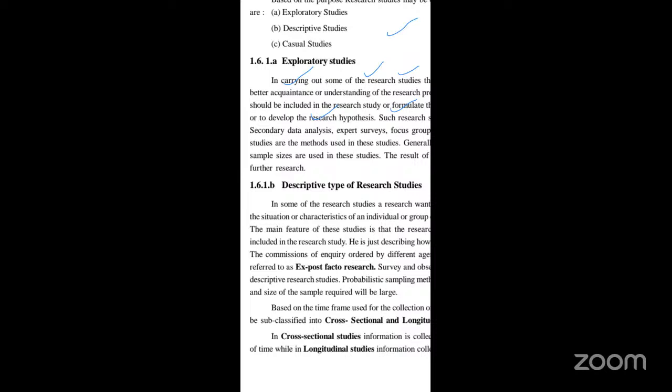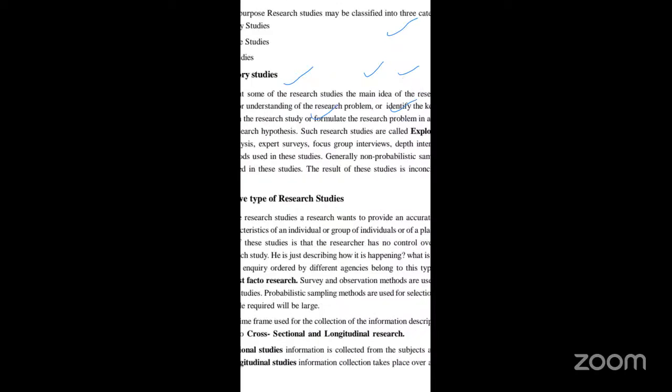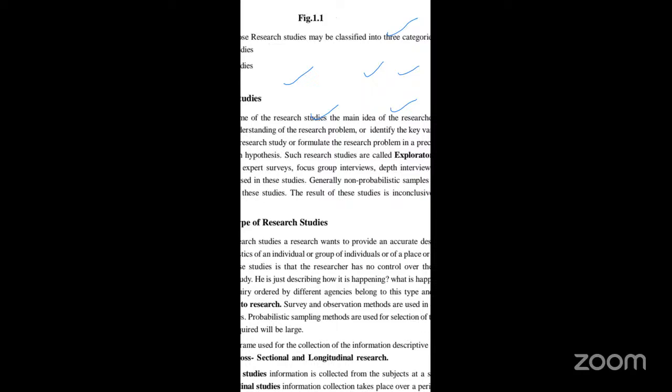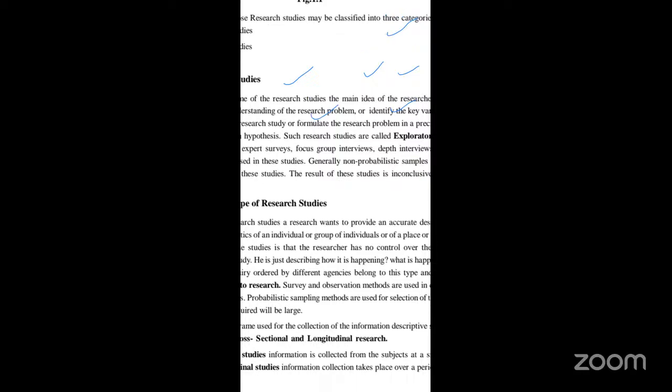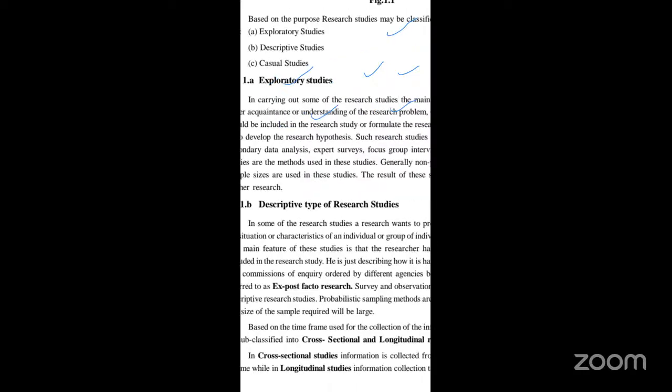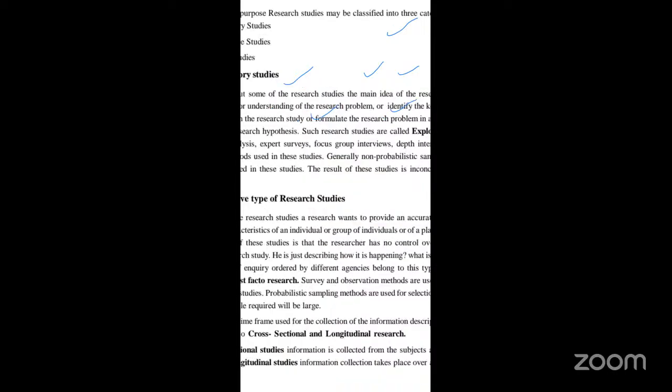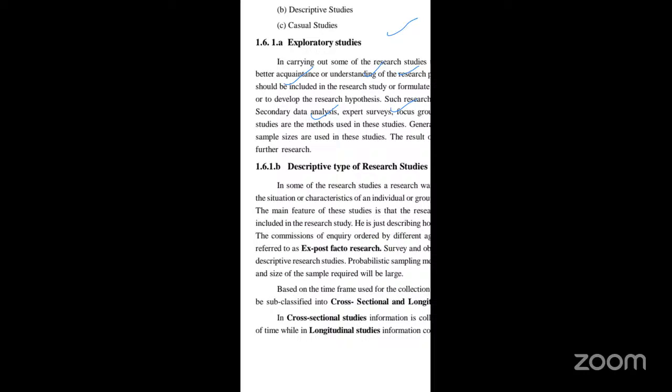So this means exploratory research: identify the problem, formulate the problem, then take the decision. And non-probabilistic samples with small sample sizes are used in these studies. The result of these studies is inconclusive, requiring further research.